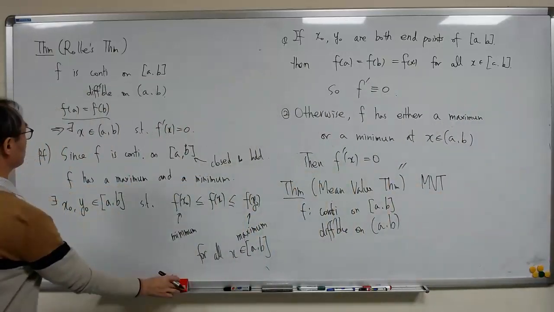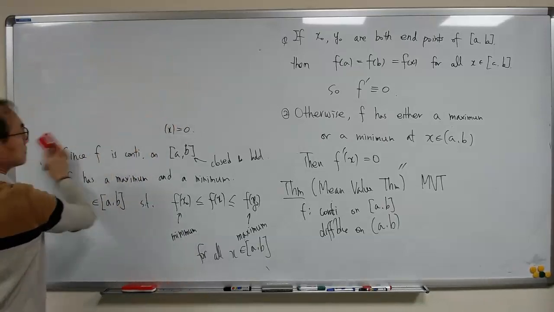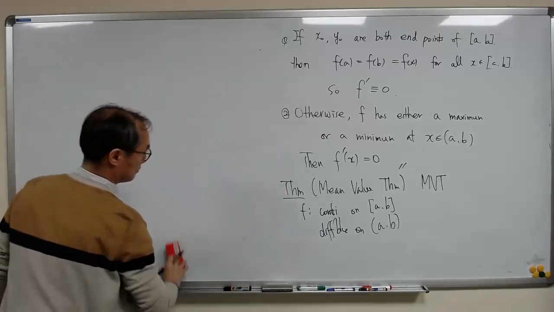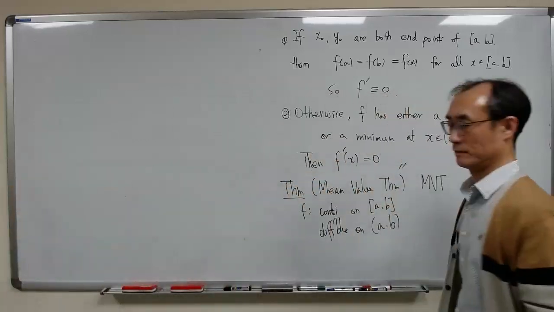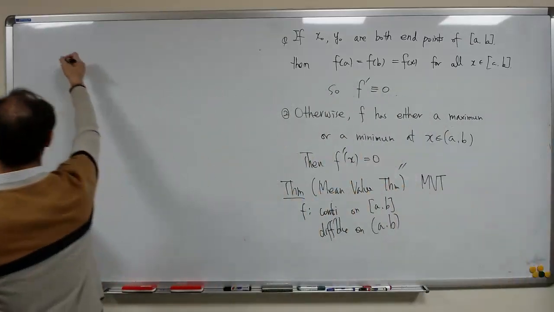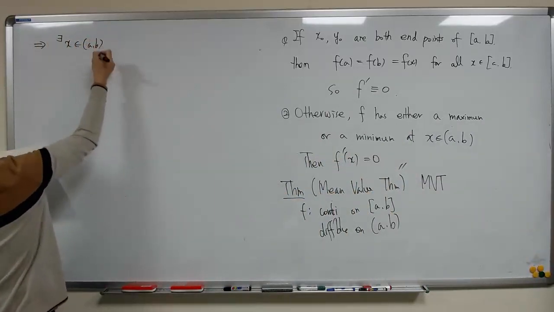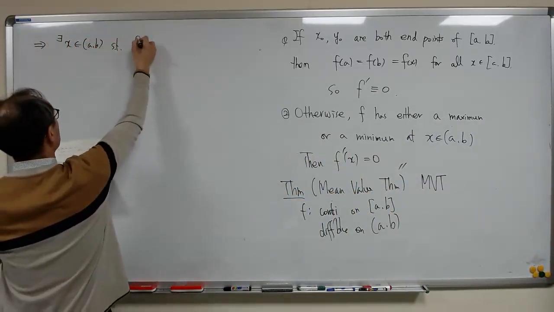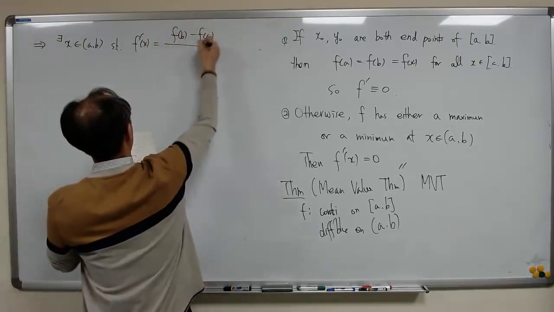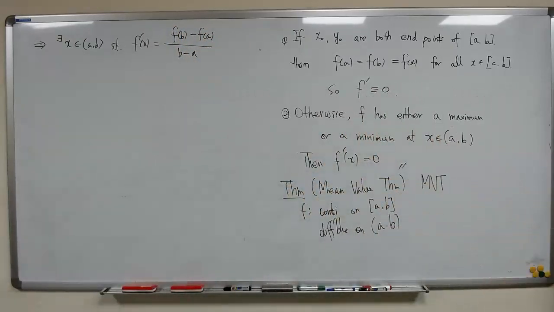We do not have the equality condition of the values at the endpoints. Under this assumption, the mean value theorem tells us the existence of a point x in the open interval such that the derivative at that point is the same as f of b minus f of a over b minus a.